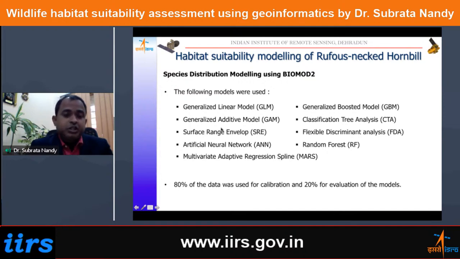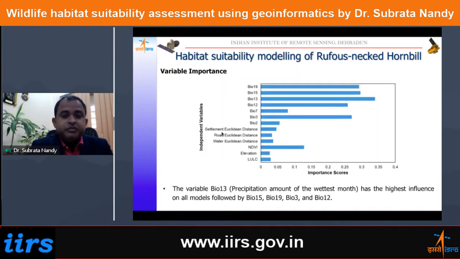These are included in that ensemble, and here 80% of the data were used for calibration at these points, and 20% were used for the validation of the models.